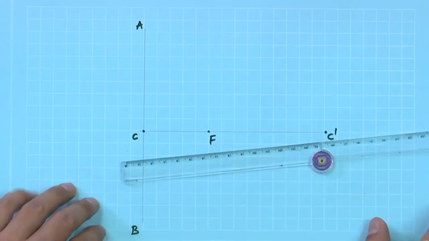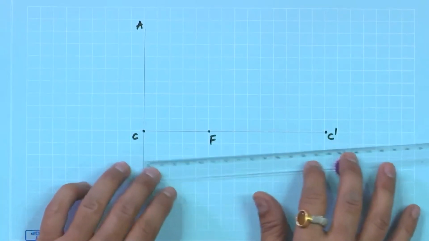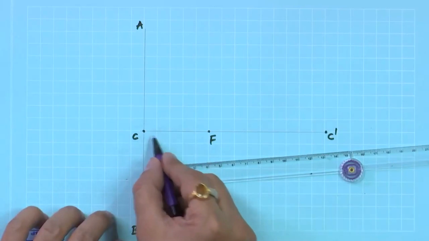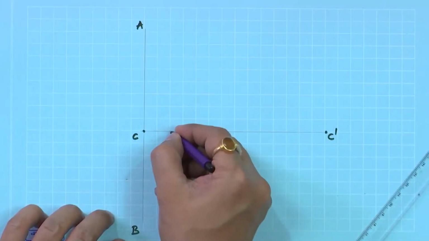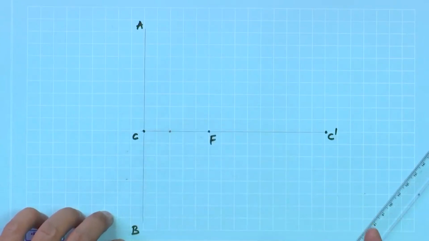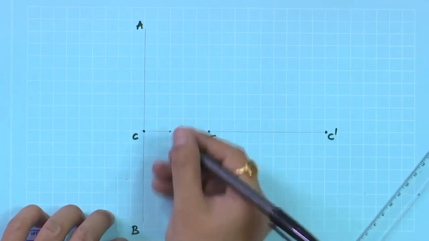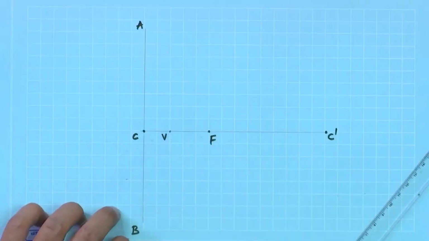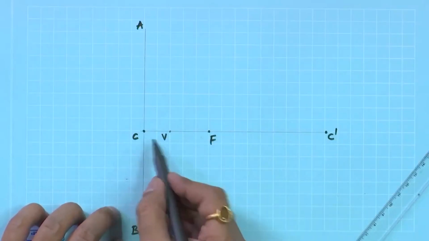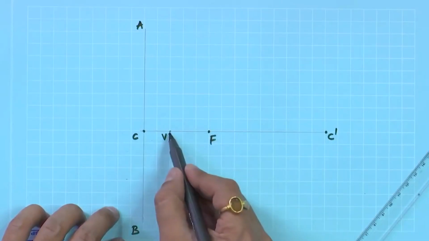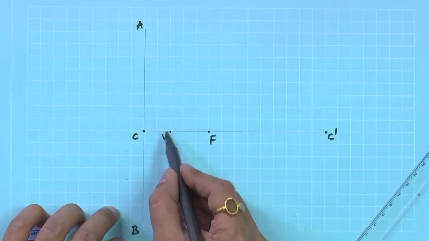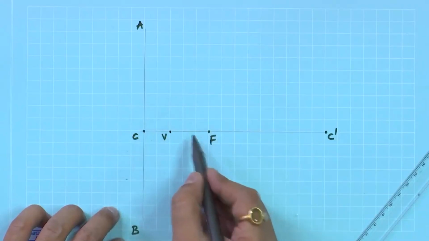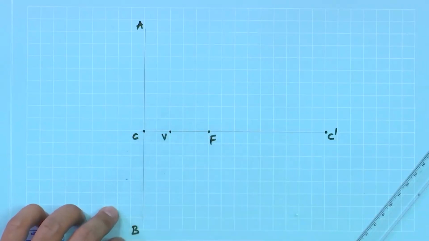Once that is done, divide it into 5 equal parts: first, second, third, fourth, fifth. At the second point locate V, because we are going to construct a 1.5 or 3/2 ratio. From the focus point to the point on the curve V is 3 units and from V to the directrix 2 units. So, a 3/2 ratio we are going to construct.